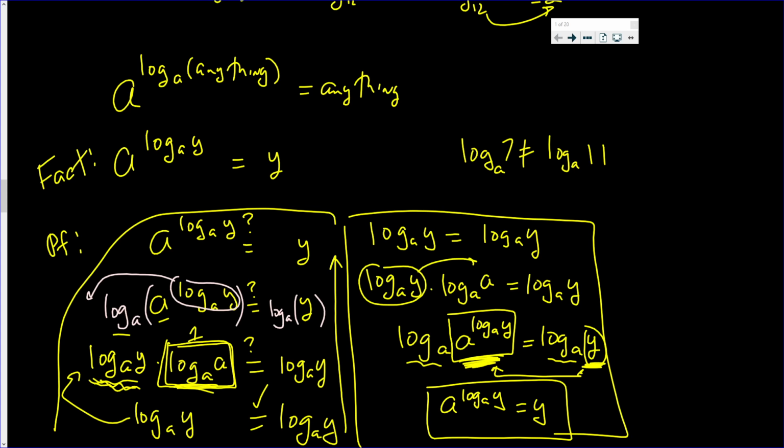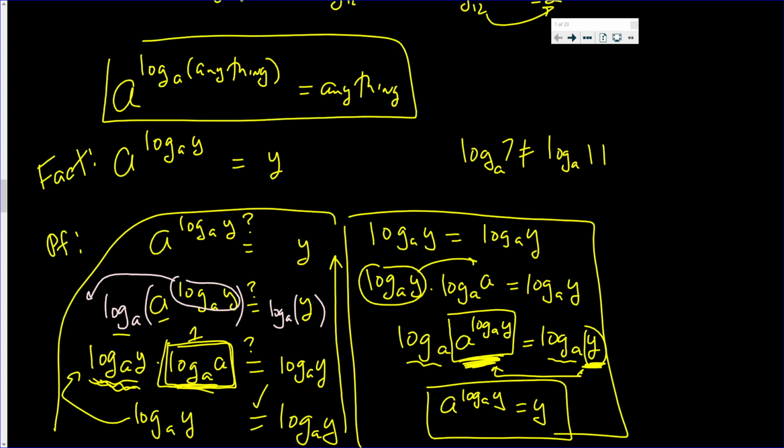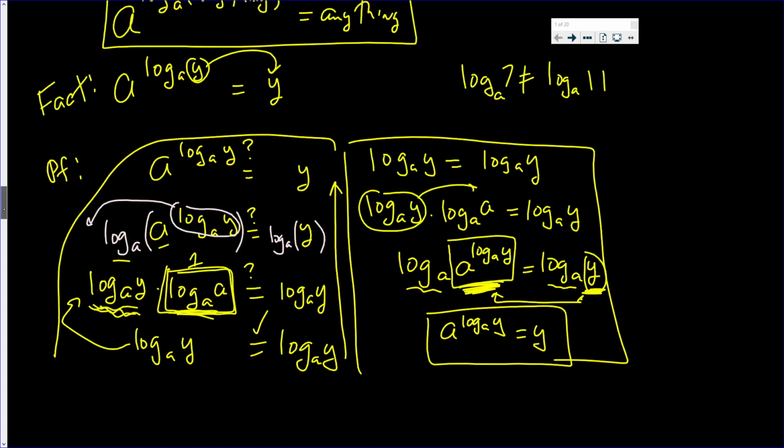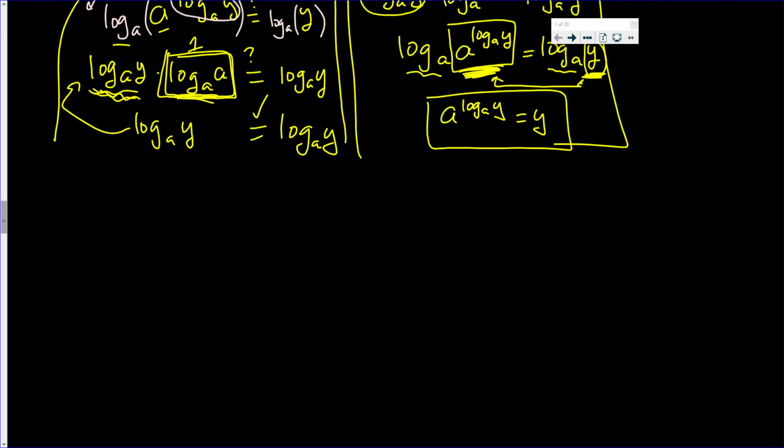So, we have this statement. The y was the anything, and that's what we got. So, what would this equal? What if you had 10 to the 2 log 3, which for the record is 10 to the 2 log base 10 of 3?